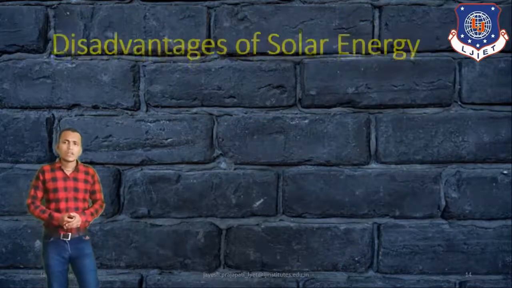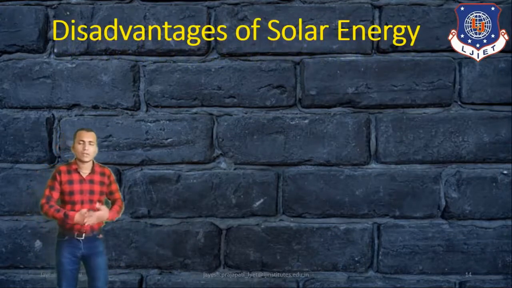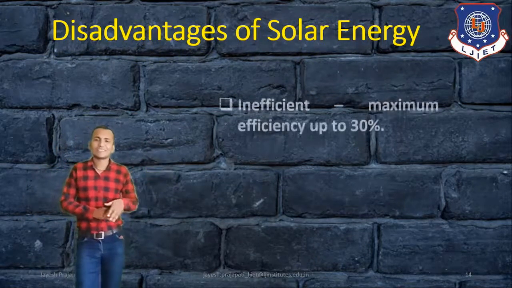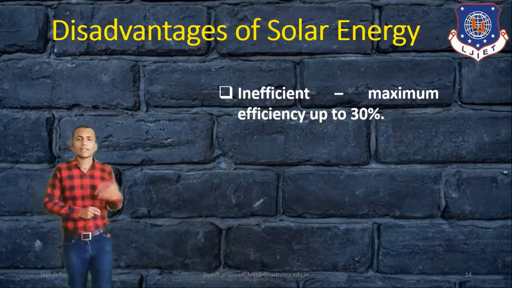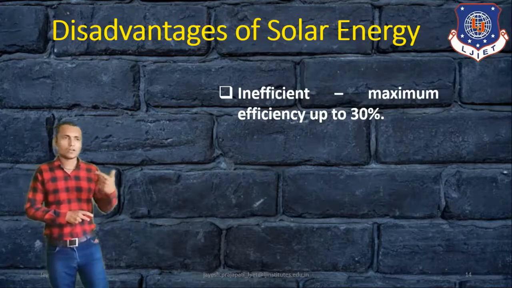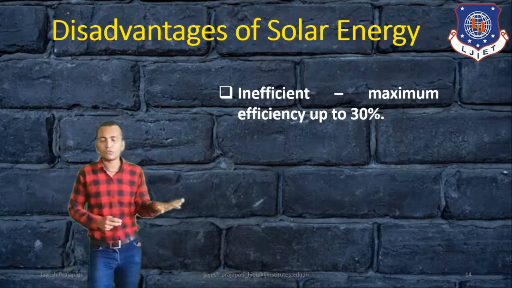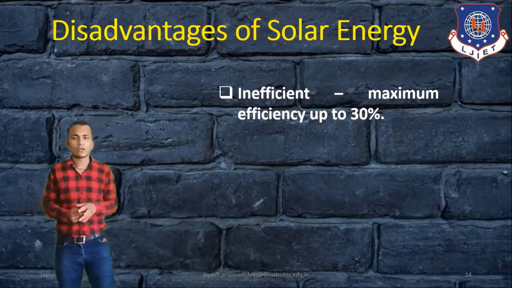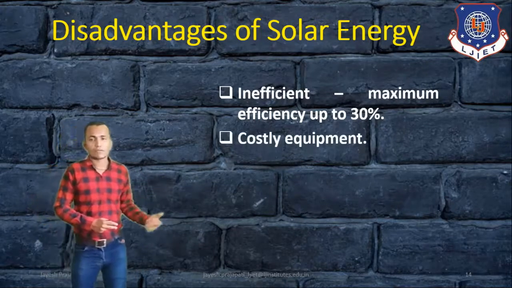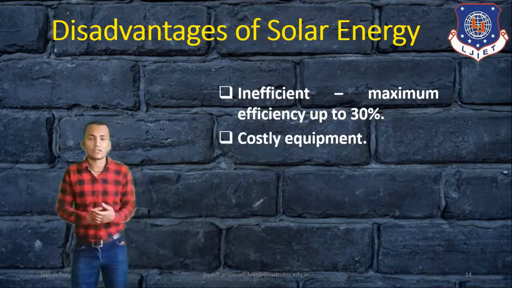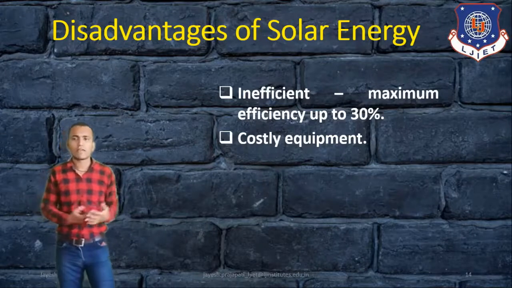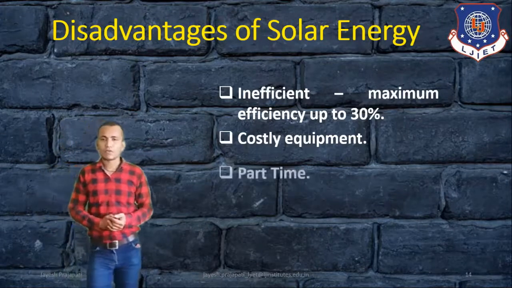Then we have to see the disadvantages, because every system has advantages and disadvantages. Insufficient: maximum efficiency is 30%. Insufficient also means sometimes at night we cannot use solar energy because it is not available at night. Then costly equipment: solar panels, inverters, and the design system require costly equipment.